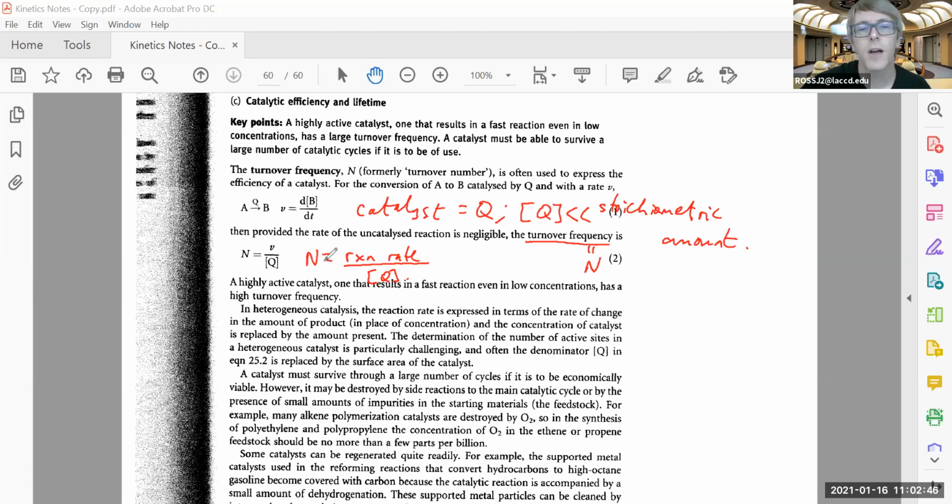If we have a good, high turnover number, which can be in the billions, N of 10 to the 9 is possible. We want a high rate for a relatively small concentration of catalyst. Okay, and that will conclude this kinetics video.